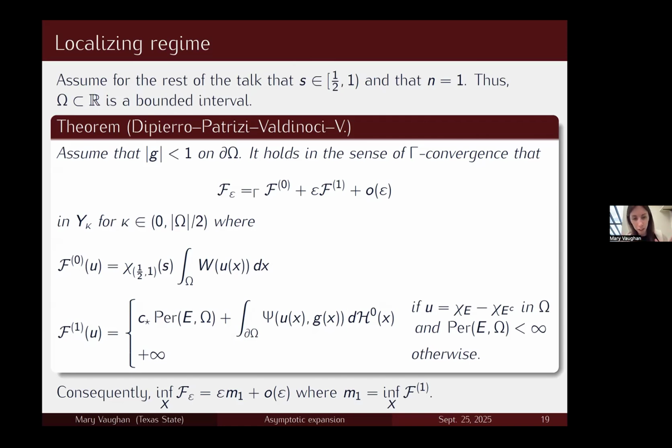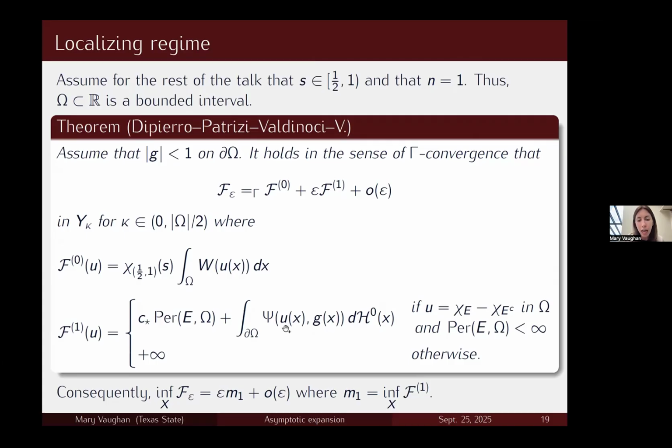But the point I want to make here is, I said earlier that with gamma convergence you get the local classical perimeter functional, and I said you're going to get localizing behavior with the boundary conditions as well. So here we don't need information about the values of G in the complement of omega, just at the boundary. Not the full complement, just what happens at the boundary. So you see this localization with the boundary data as well.